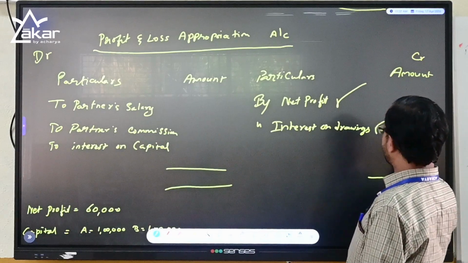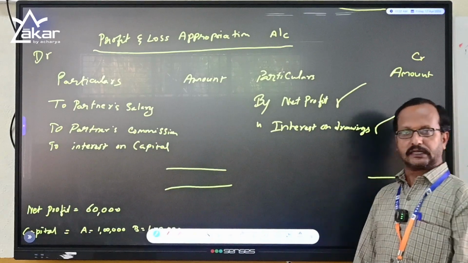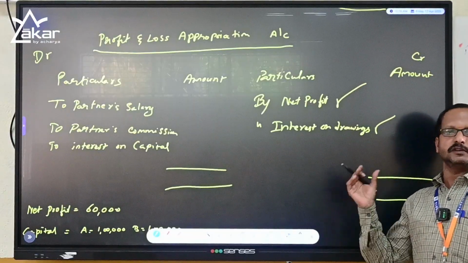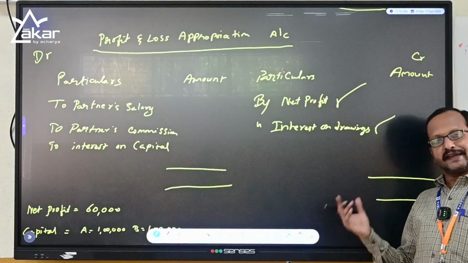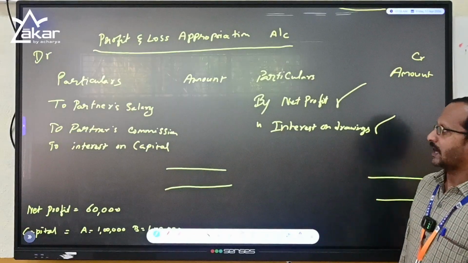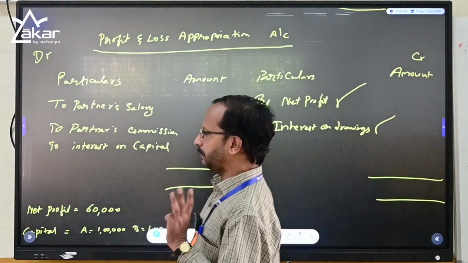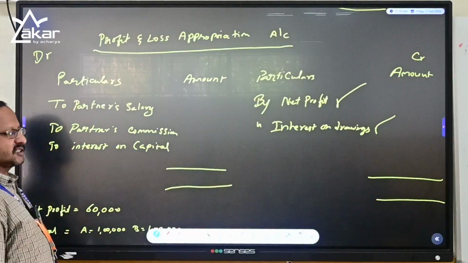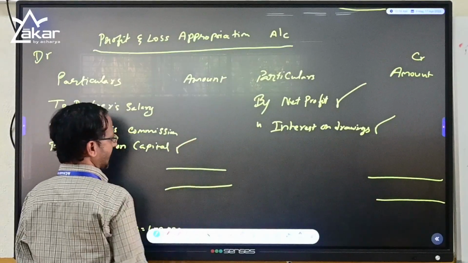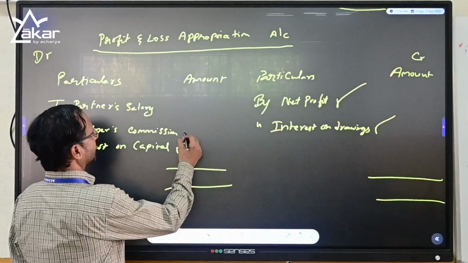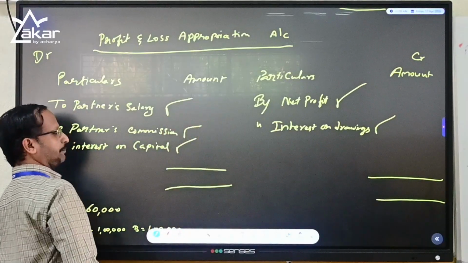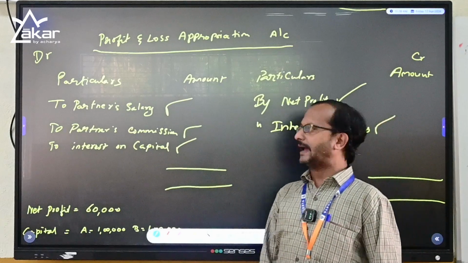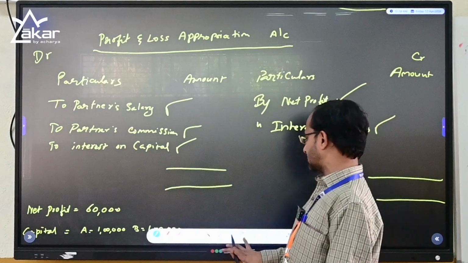Then the only income other than net profit on the credit side is IOD, that is interest on drawings, accumulated from the direct method or product method. And a maximum of 3 expenses will be available on the debit side: interest on capital as per the capital mentioned, commission paid to the partner, and salary paid to the partner. Salary may be monthly or yearly, whatever it may be, and commission also may be monthly or yearly.